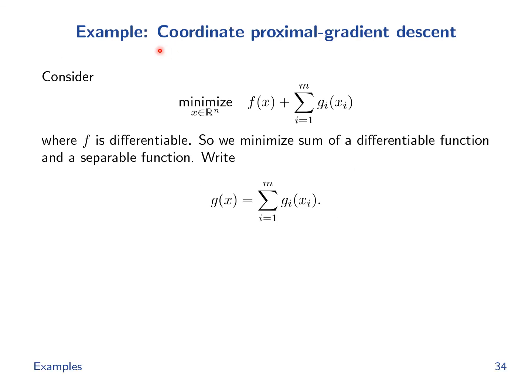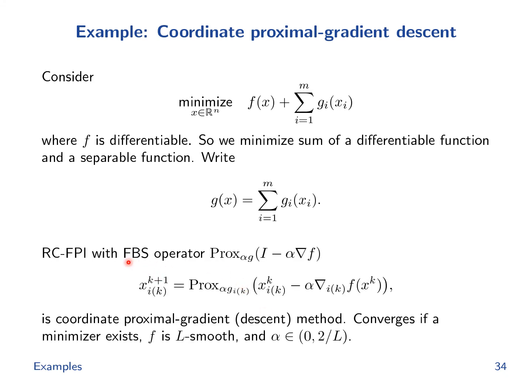In this example, we introduce the coordinate proximal gradient descent method. Consider minimizing a smooth CCP function plus a separable function, where in the separable function, all g_i's are CCP and proximable. Applying the forward backward splitting operator to this problem yields this proximal gradient operator. The coordinate version of this operator uses the fact that g is separable.